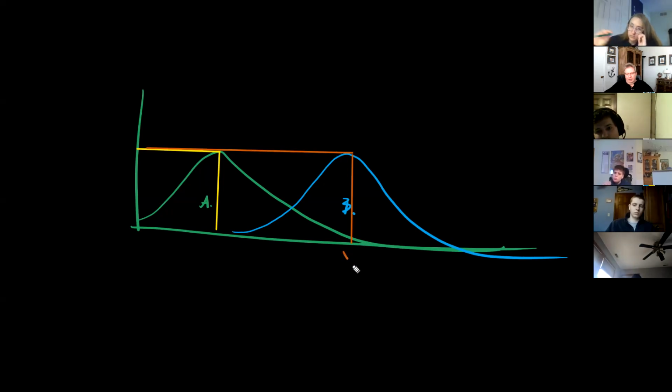This wavelength is much larger than this wavelength, isn't it? So what do you know about the temperature of A versus the temperature of black body B?